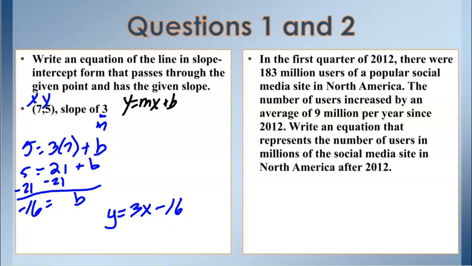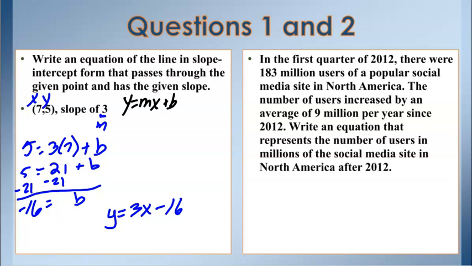Question 2. In the first quarter of 2012, there were 183 million users of a popular social media site in North America. The number of users increased by an average of 9 million per year since 2012. Write an equation that represents the number of users in millions of the social media site in North America after 2012.